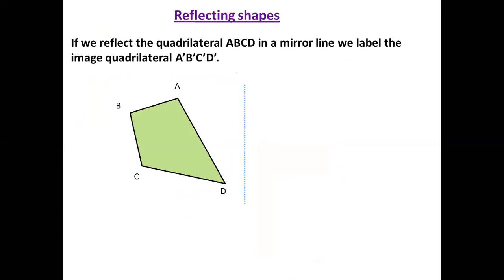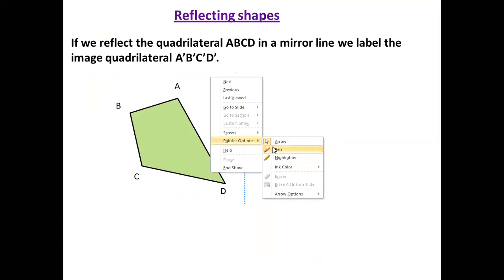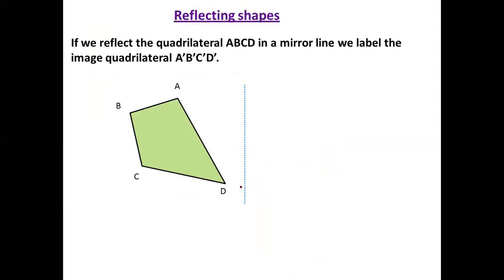Here, guys, when we talk about reflecting a shape in math, if we reflect the quadrilateral ABCD in the mirror line, which is this disconnected line, we label the image quadrilateral A dash, B dash, C dash, D dash.